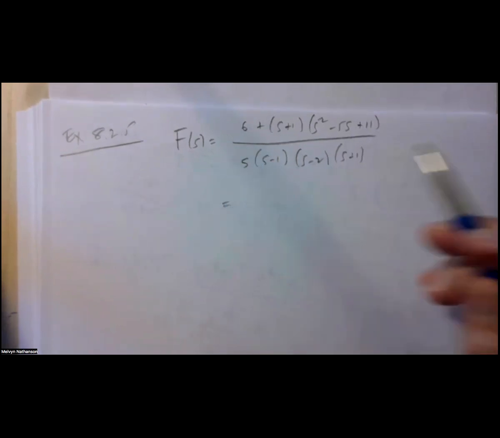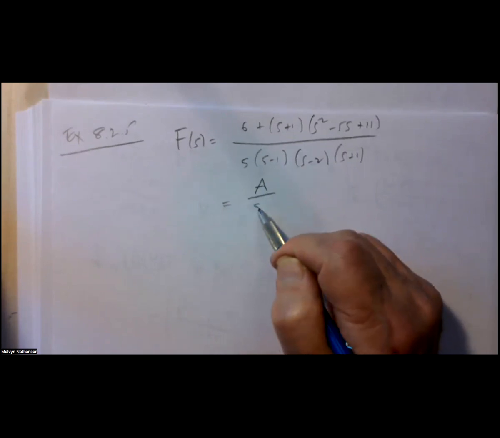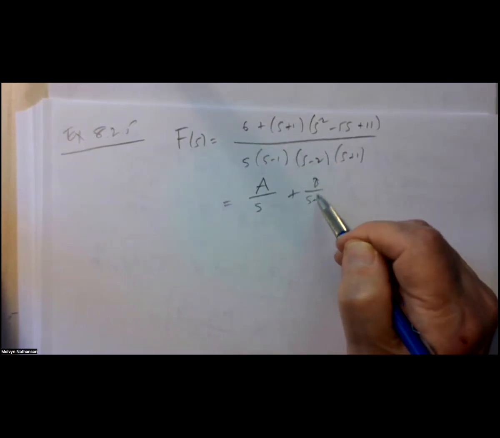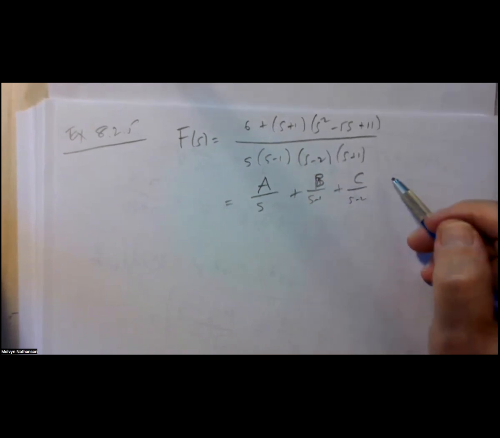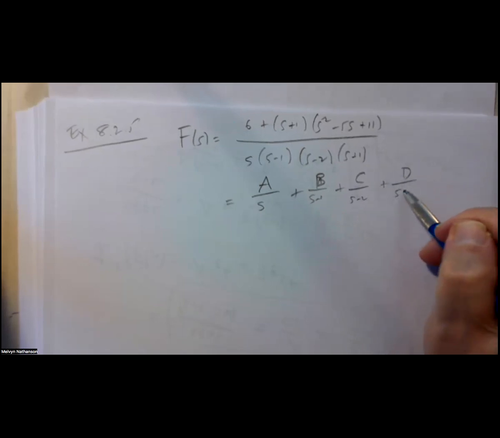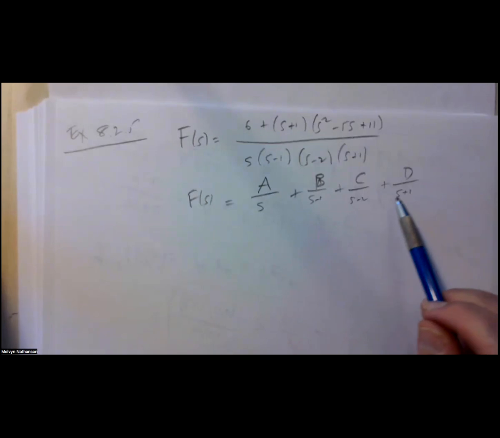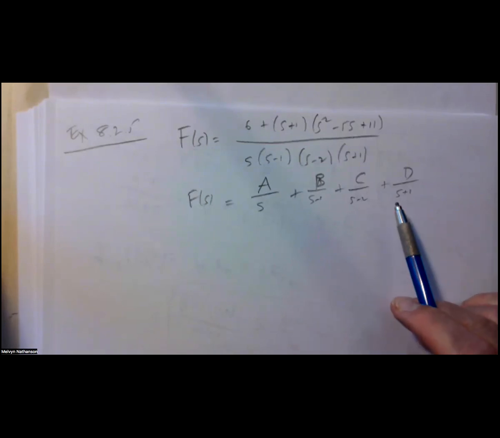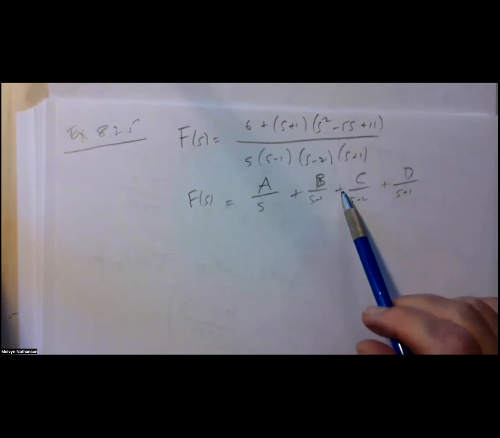And so by the general theory of partial fractions, this is A over s plus B over s - 1 plus C over s - 2 plus D over s + 1, for some numbers A, B, C, and D. And we want to find them. Well, this equals this.